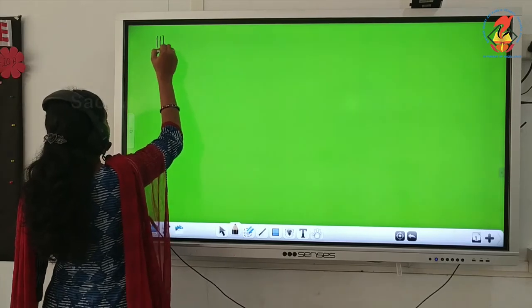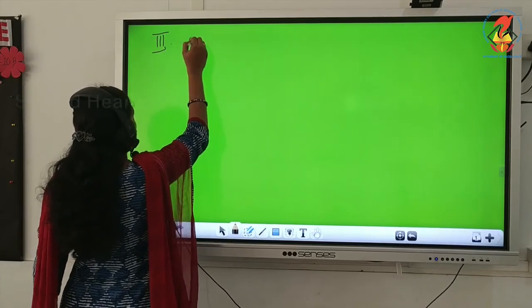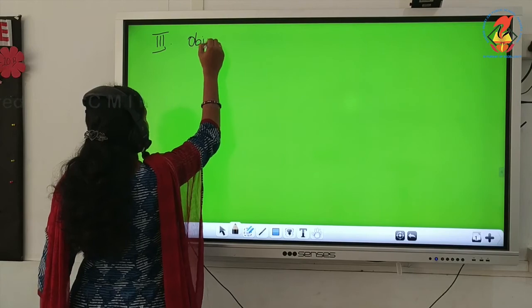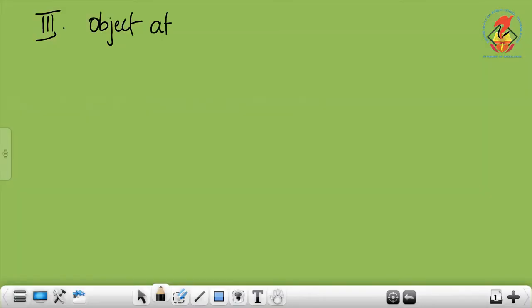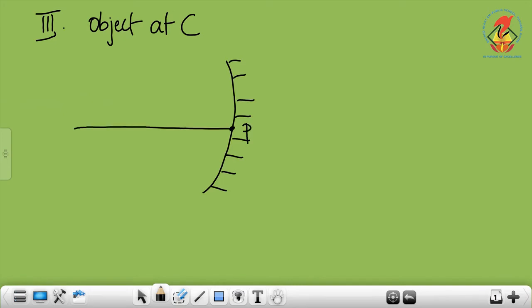Third one, object at C. So, first I will draw a concave mirror, then center of curvature, principal focus.